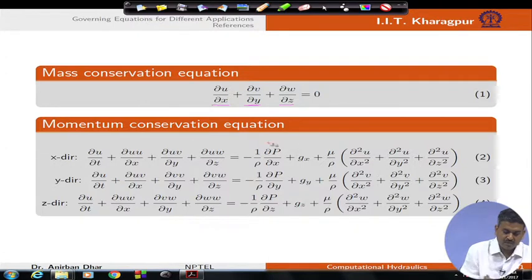And what is the momentum conservation equation? In the x direction, we can write the momentum conservation equation.